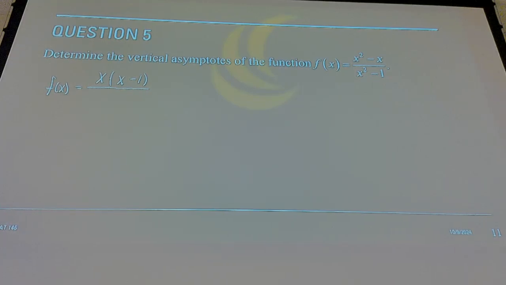Special product from algebra. One that you should be familiar with. x plus 1 times x minus 1. That one's the difference of squares.